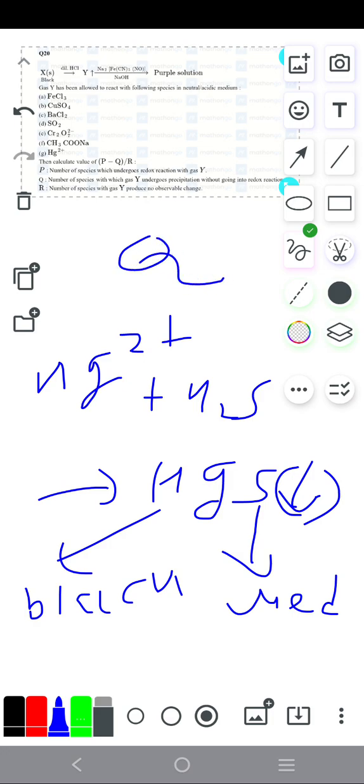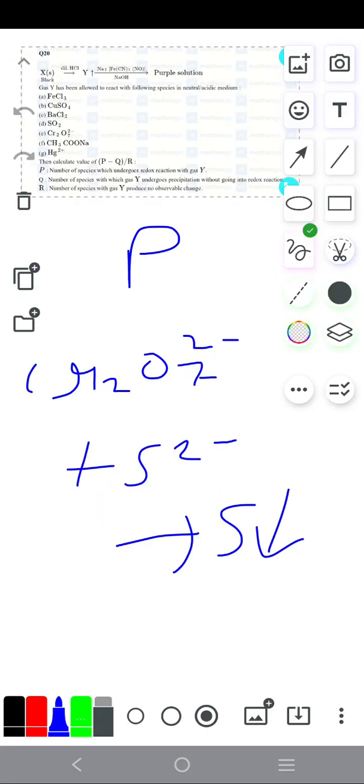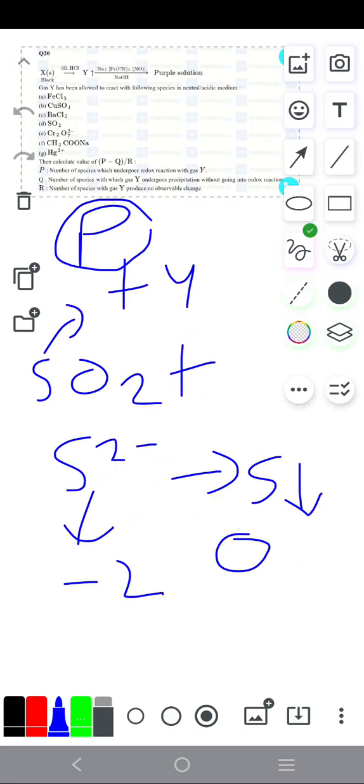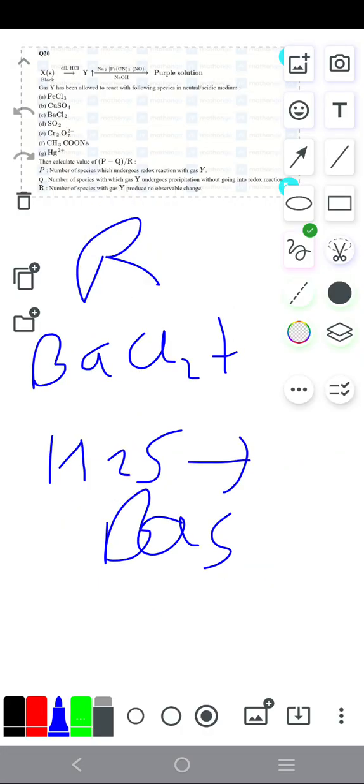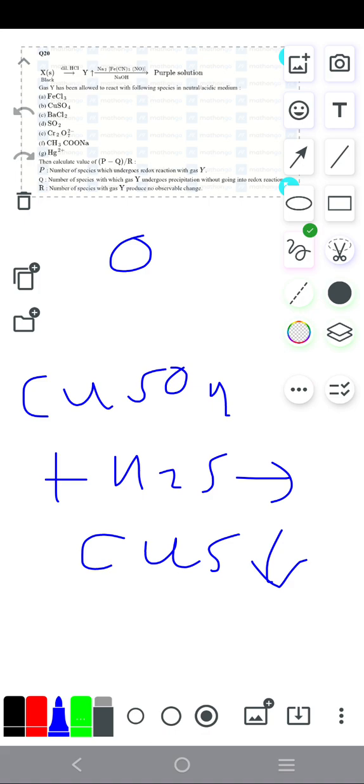So now let's see how many Q we got. This one was Q. This is basically R. This is P. This is P. This is R. Okay. Now this should be Q, because there is no change in oxidation state, so this is not a redox. So we got Q as 2.